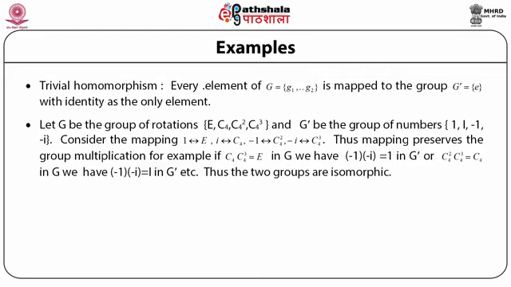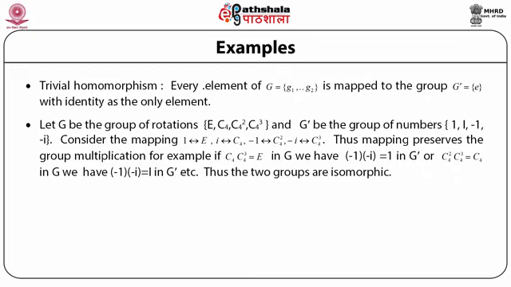And G prime is a finite group of numbers which are 1, i, minus 1 and minus i. Now if we consider the mapping, the identity in the group G is mapped to the number 1 of the group G prime.